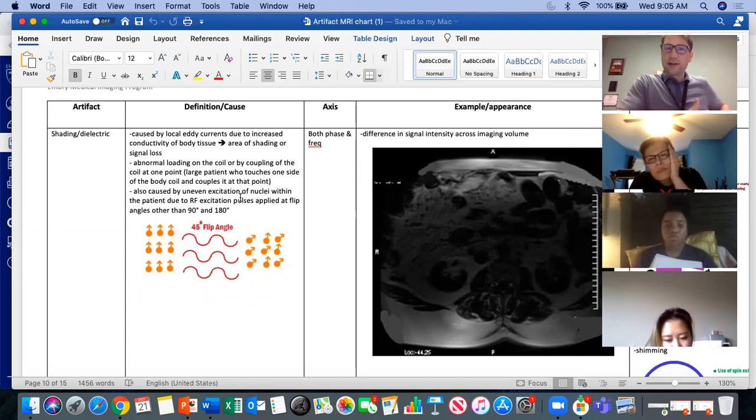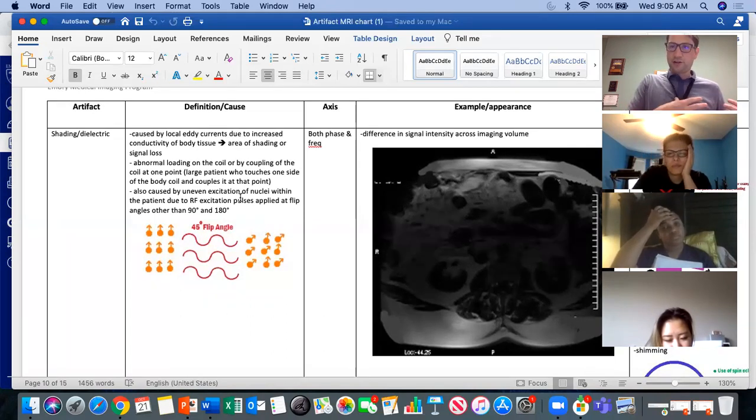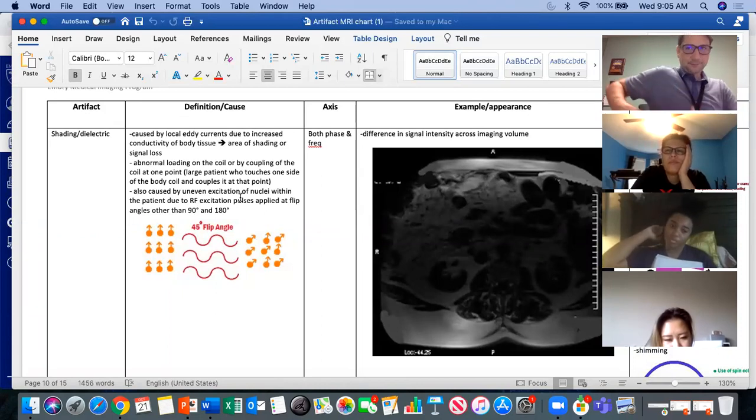But on the other side, if you have a flex coil on the top of the patient and behind, say you didn't center that flex coil appropriately and it's pushed off to one side. So the back and the front are touching on this side, but not on this side. There's a gap. That's what coupling means. That can cause this shading artifact.